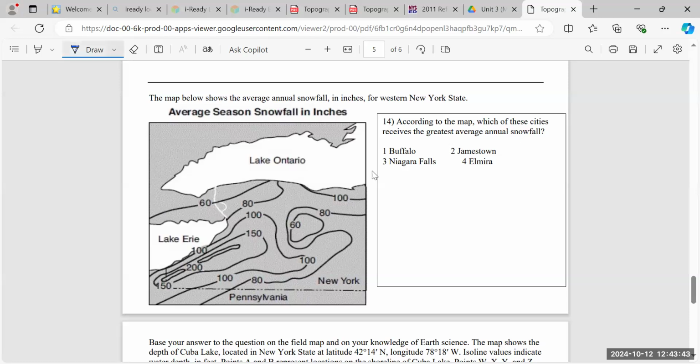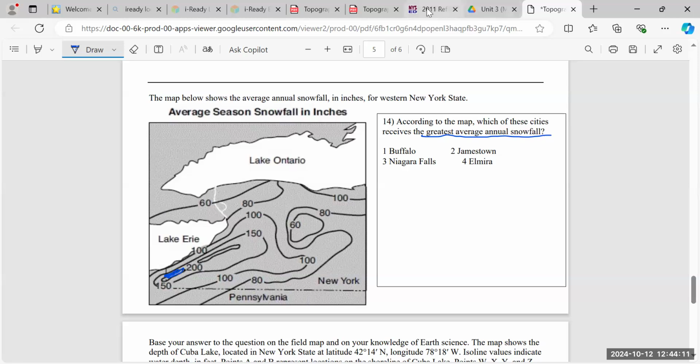When I'm looking at this map, the greatest number that I see is going to be 200, right? So I'm just going to shade in this area right here, the area that receives the greatest average annual snowfall. Now I just need to find out which of these cities fit in this area, okay?